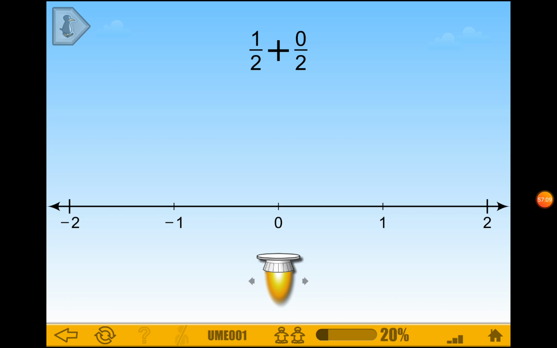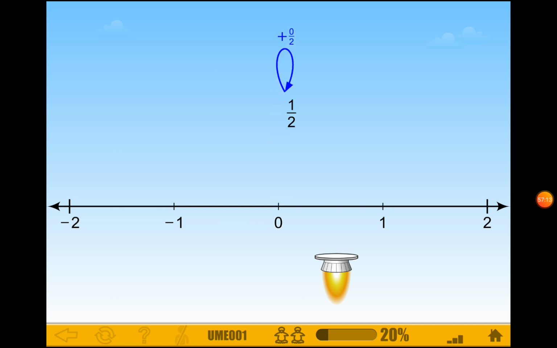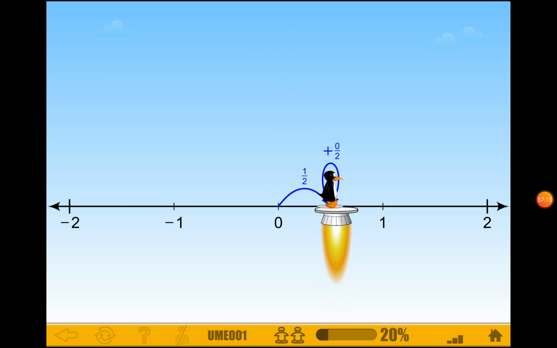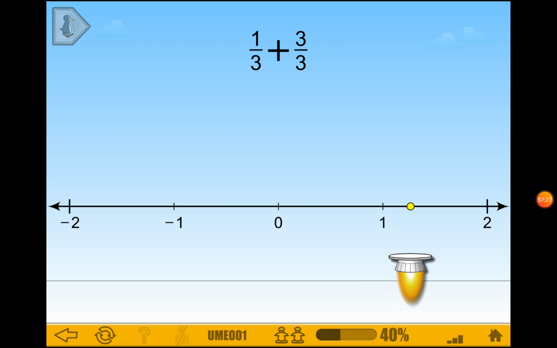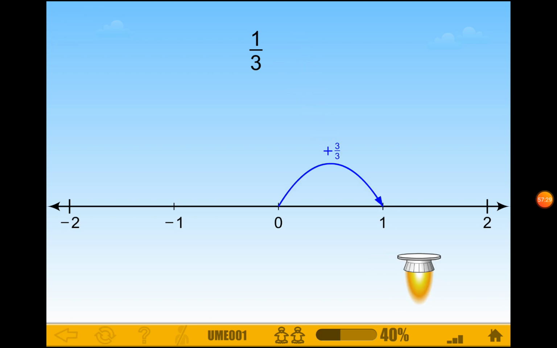Okay, half plus 0 obviously equals half. That's not really close to the middle, but good enough. Then we have 1/3 plus 1, so that'll just be 1 and 1/3, which is equivalent to 4/3, and so this is 3/3, and 4/3 is right there.